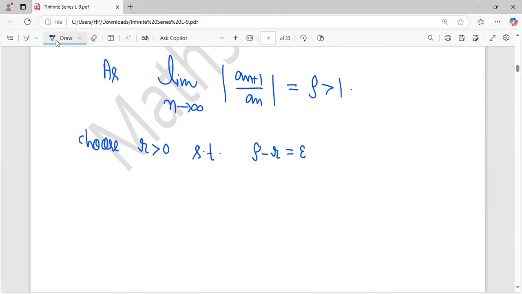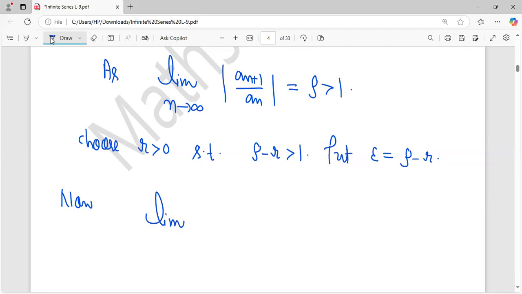We can choose r such that this is greater than 0. It is possible. Now put epsilon is equal to rho minus r.